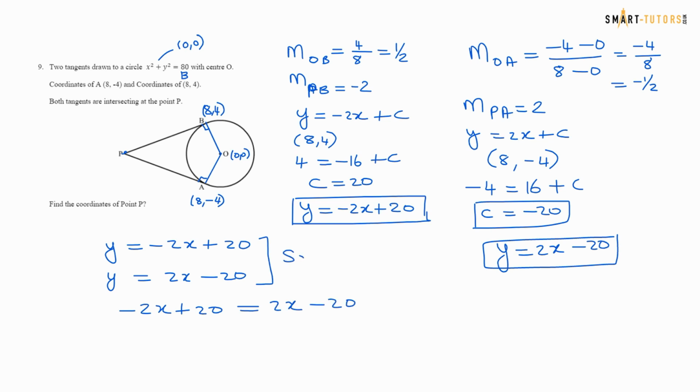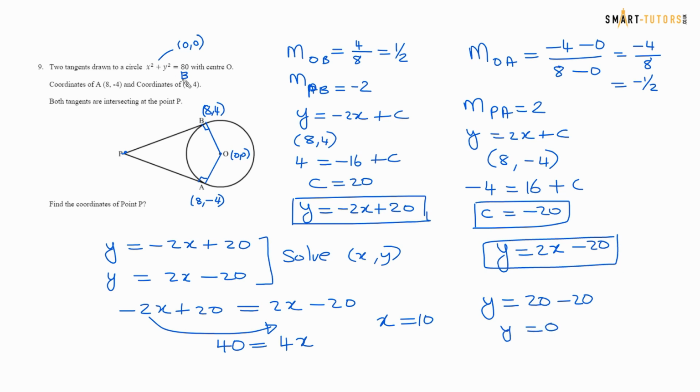Moving terms, 4x equals 40, so x equals 10. Then y equals 2x minus 20, so 20 minus 20 is 0. So y equals 0. The coordinates of P are 10, 0.